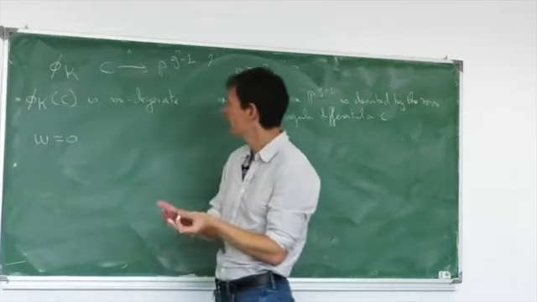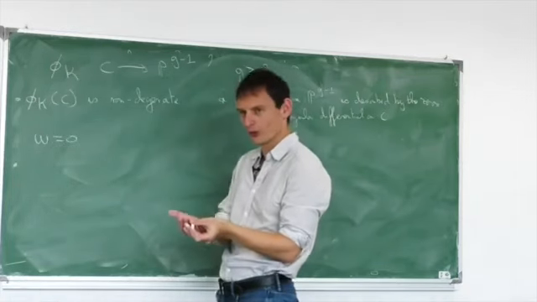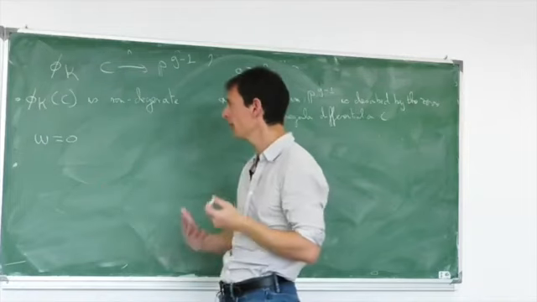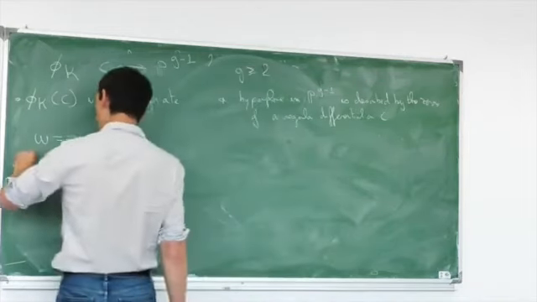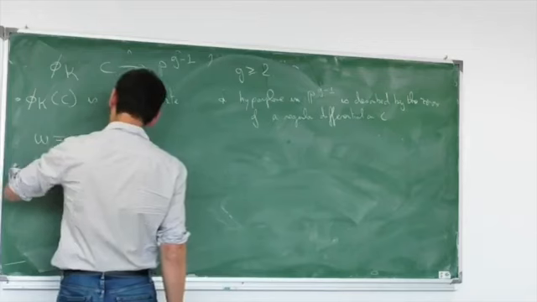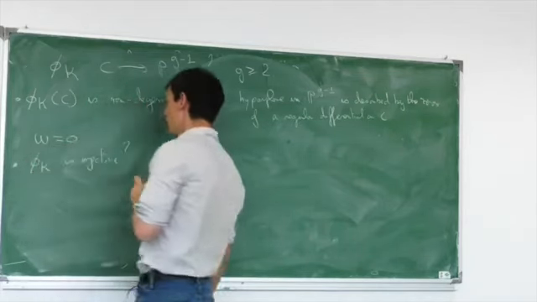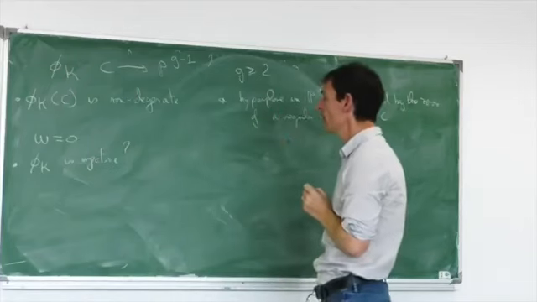Of course, phi kappa gives a surjective map from C onto its image. So we would like to know if phi kappa is injective. How do we see if this map is injective?